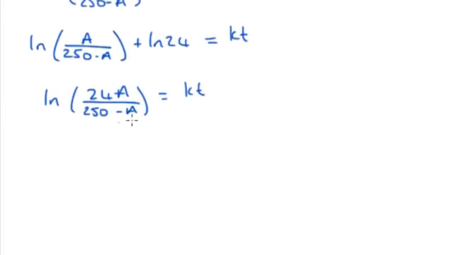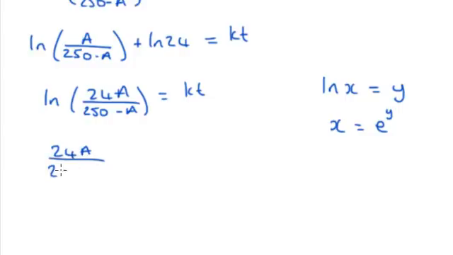If, for example, we've got natural log of x is equal to y, we know that x is equal to e to the power of y. So this is like my x, this is like my y. So I can now write that 24A over 250 minus A is equal to e to the kt.